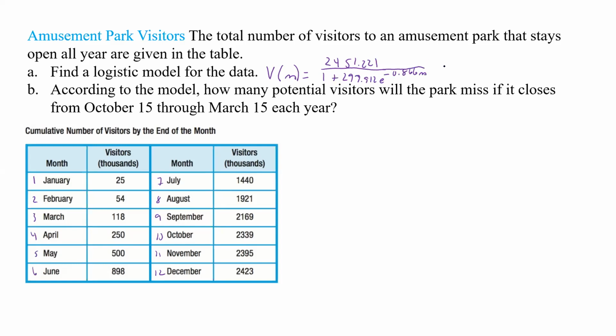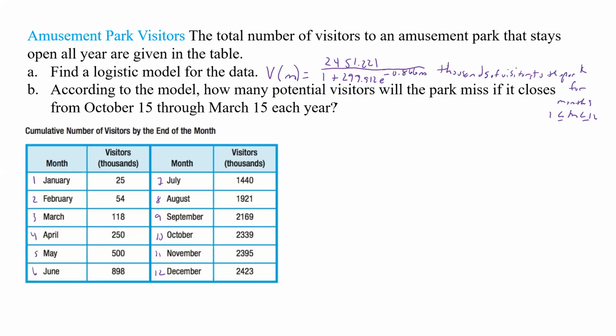And that's going to be thousands of visitors to the park, from the months January through December, basically, for months M less than or equal to 12, greater than or equal to 1. Okay, so that was our first part. That's what we needed there.